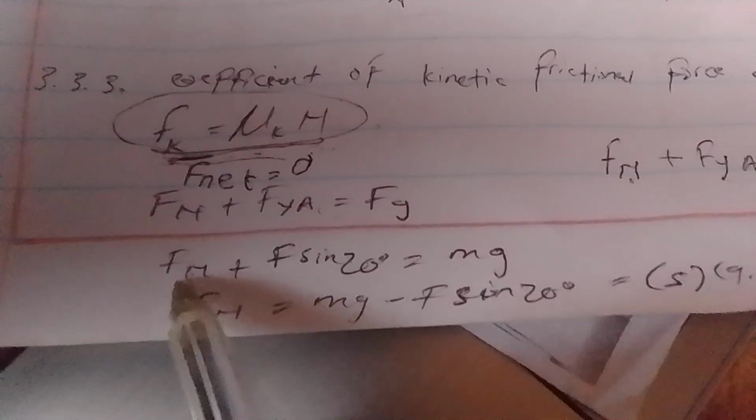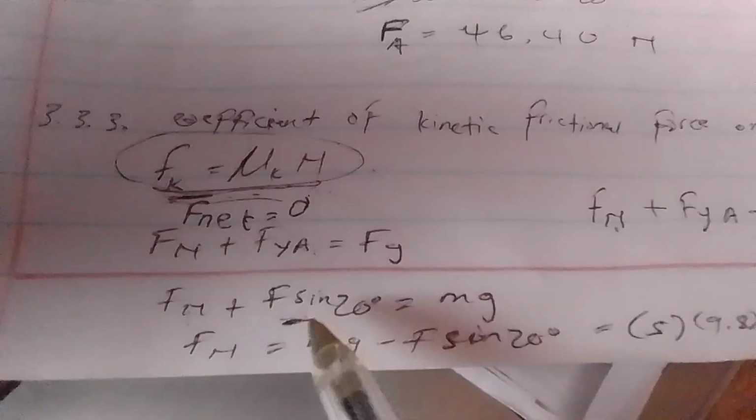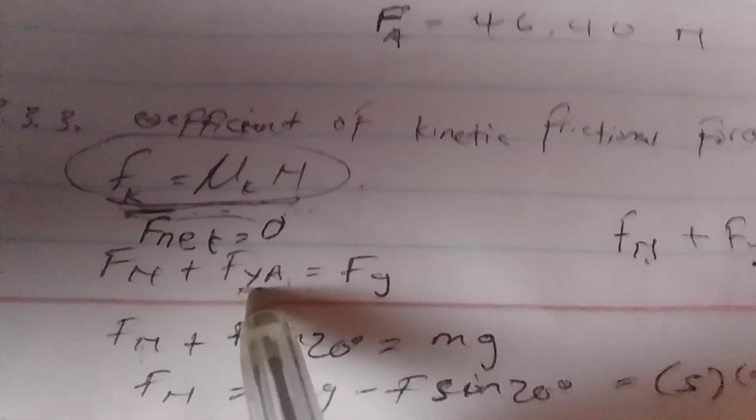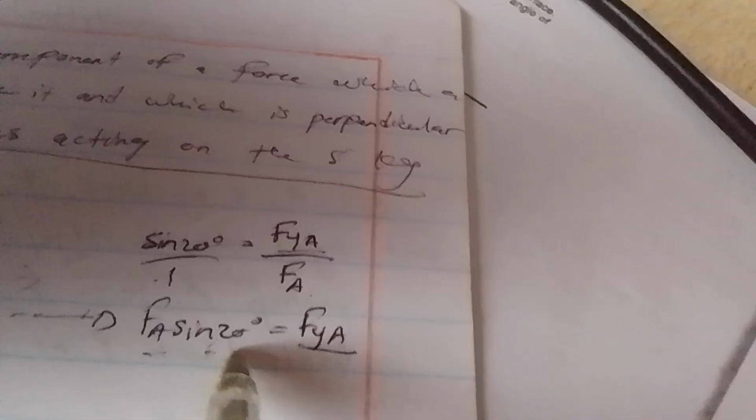So we have Fn plus, and don't forget, we need to find the formula of Fya, and I've done that before. Yes, here it is. Fya is equal to Fa sine 20, and we have found Fa.